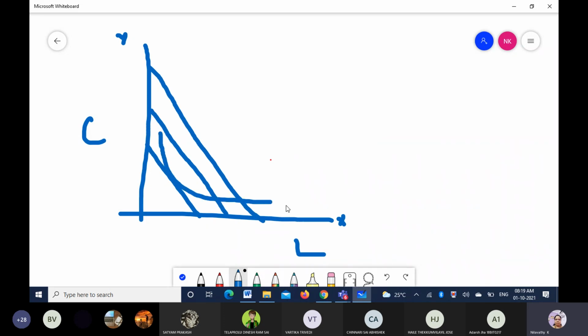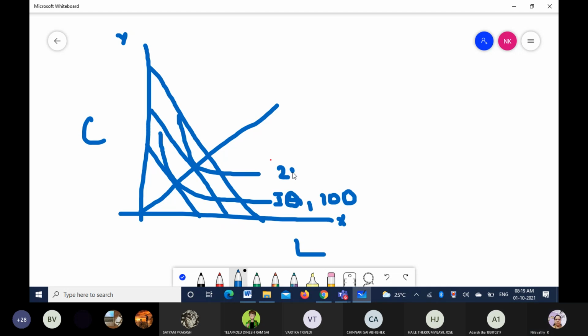This is isoquant curve 1, which means that 100 units are produced. And you can have an expansion path so that it will be easy for you. This is isoquant 2 with 200 units, and this is isoquant 3 with 300 units.